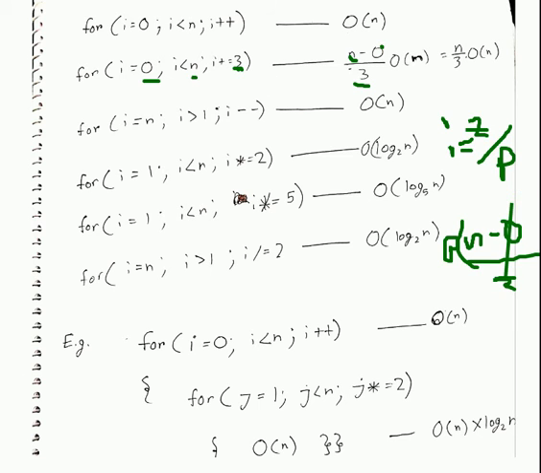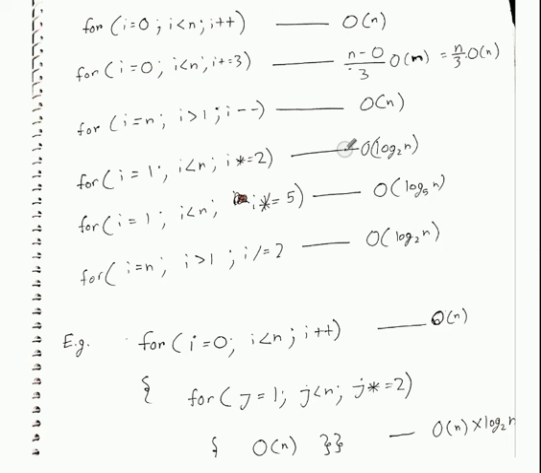Just like that. I don't think we'll face that much complication, but still keep this formula in mind. And if you do decrement, it's the same old thing, because it will go from 10 to 0, so that's also order of n.